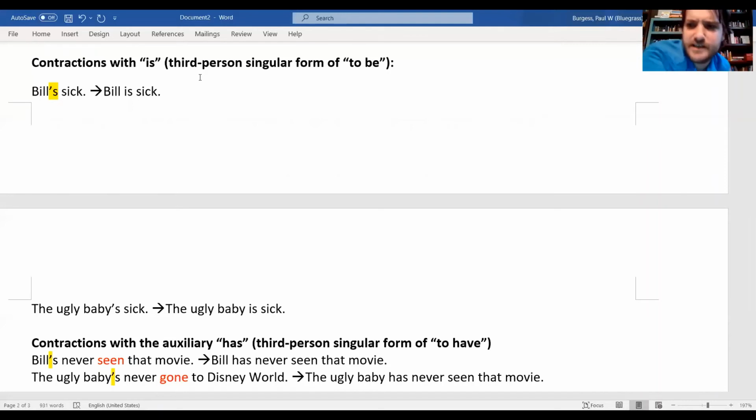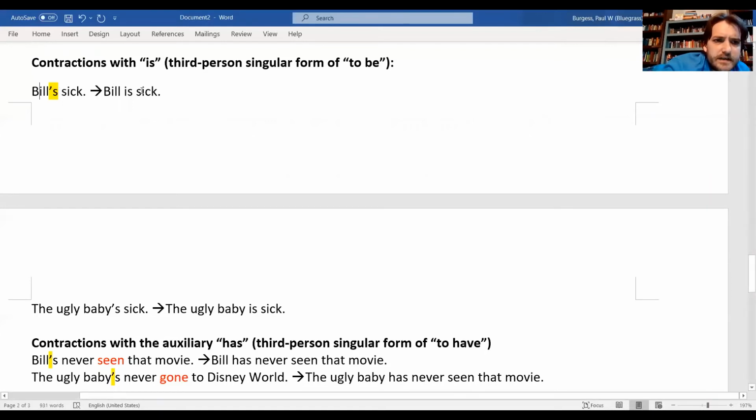Normally in conversation, even in relatively formal conversation, Bill's sick is a perfectly acceptable way of saying Bill is sick.